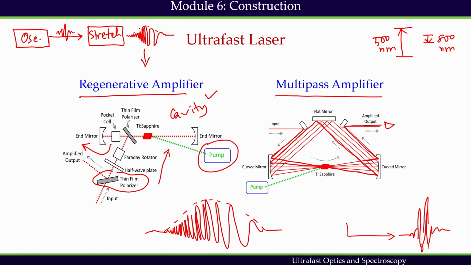In both amplifiers we have to use a pump, used for 500 nanometer excitation to create the population inversion, and the seed beam is the input beam coming from the oscillator.